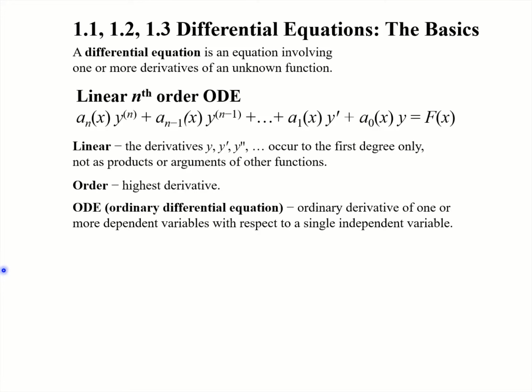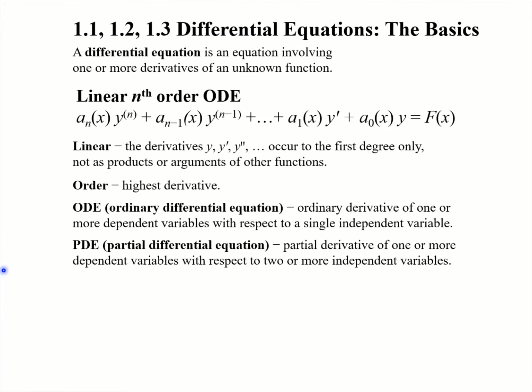Now, contrast that to something that we're not going to do in this class, which would be PDEs, partial differential equations, where you have partial derivative of one or more dependent variables with respect to two or more independent variables. And so you can go to the university and take more differential equations classes, and you shouldn't be surprised to see PDEs there. Okay, so we've covered what linear nth order ODE is.